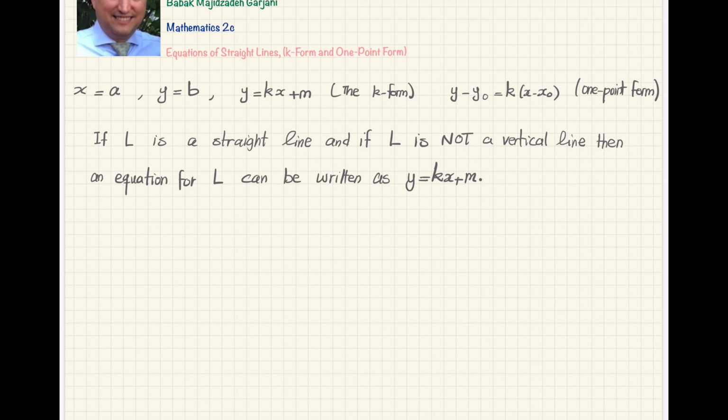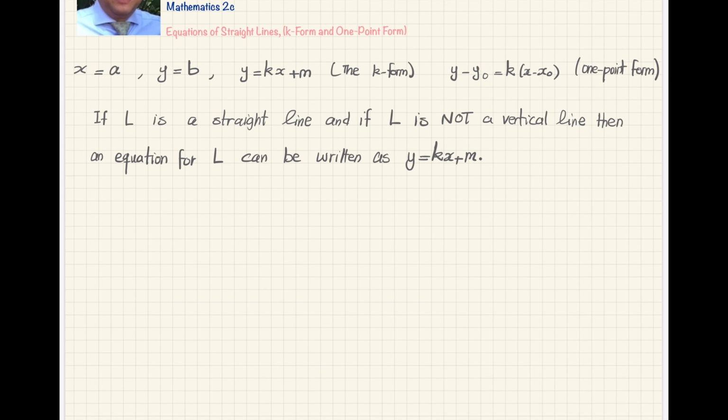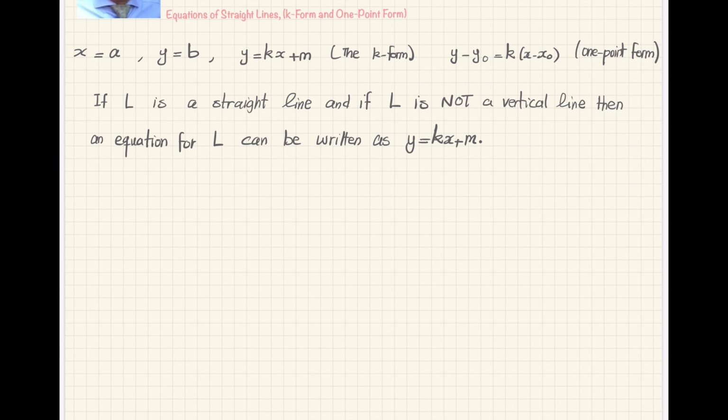No, explain once more, please. So what I'm saying is that, for example, if I ask you, assume that you have an equation y equals 3. Can you tell me what choices for k and m will reduce this equation to this equation? It is simple. In this equation there is no x term, so it means that I choose k equal to 0 and m equal to 3.